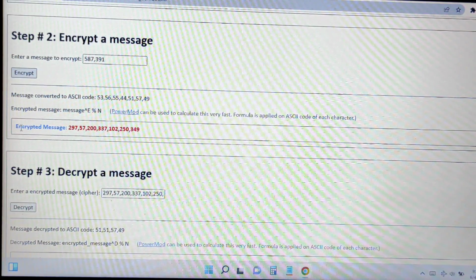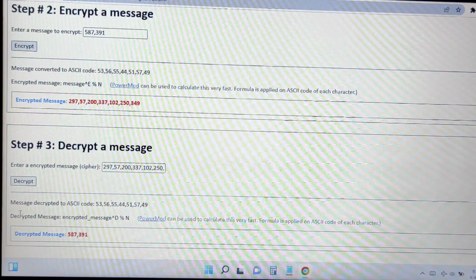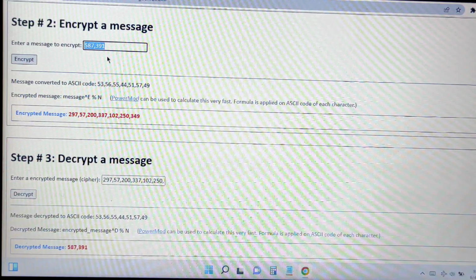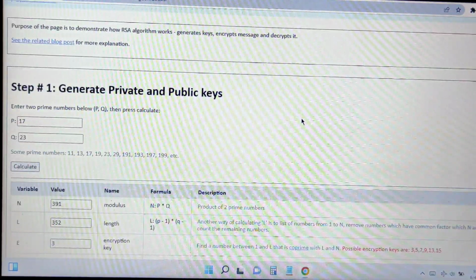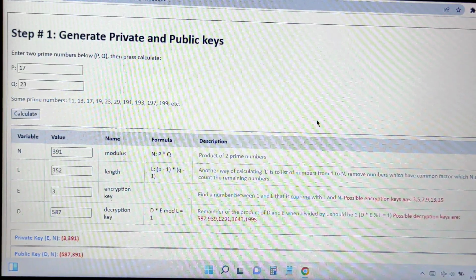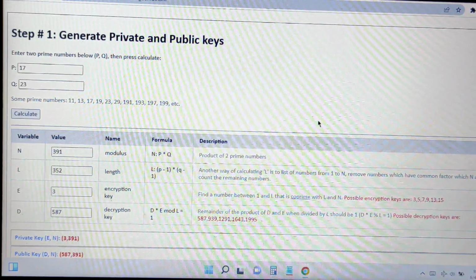The encrypted message automatically pops up here. Now we will click decrypt. The decrypted message is 587,391, which means it lands back here. So that's it. That's how the RSA calculator works.